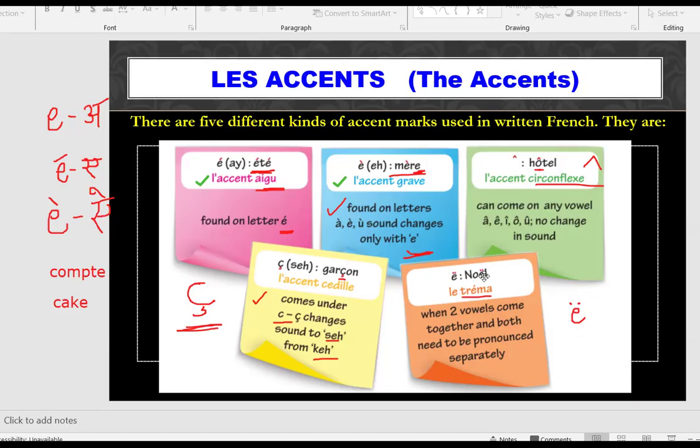It does not have much impact, but you should know it. For example, this is Noël. So it is not Noel as one sound, it is pronounced separately.